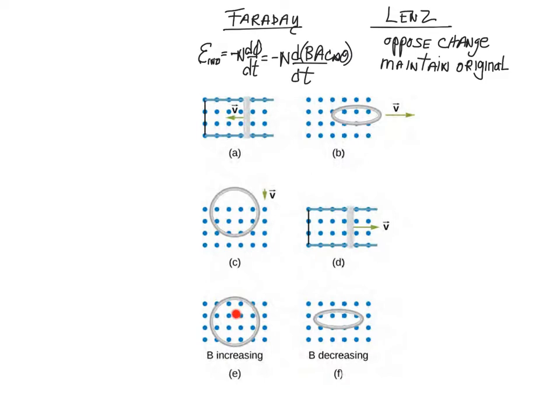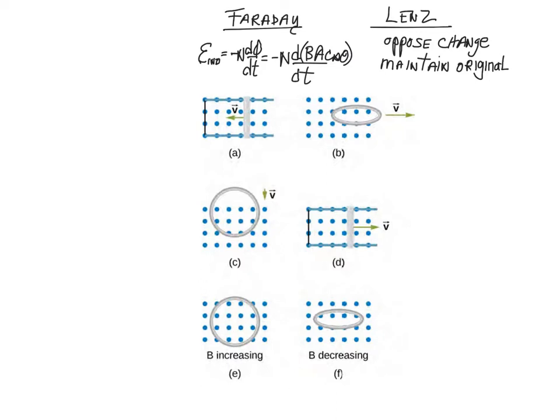So if the field is decreasing, you want to prevent the decrease. You want to put an induced field that is in the same direction as the field and flux you're losing. So that would be counterclockwise. And for a decreasing flux, whoops, no, got it wrong. That one's wrong too, right?